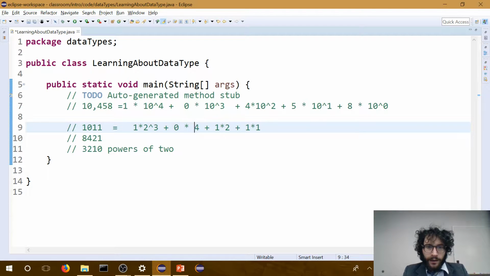This is 4. And this is 8. So doing this in binary comes down to 8 plus 2, which is 10, plus 1, which is 11. So that was a lot of work to do this, but it's not actually too hard.